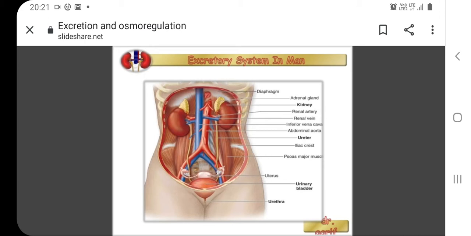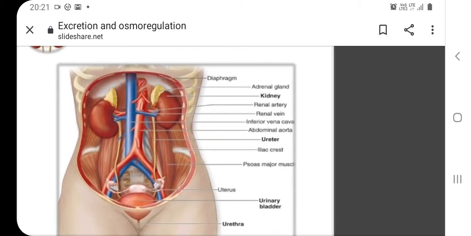The position of the kidney is just below the diaphragm in the abdominal region. It shows the presence of adrenals above the kidney.